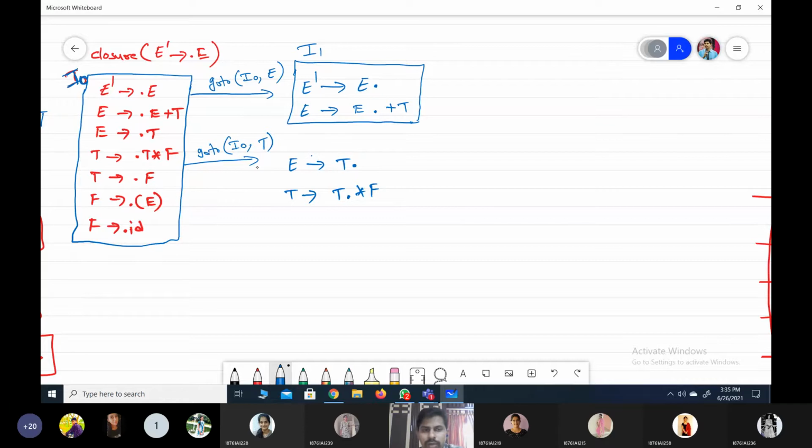If we apply T on this item set, then the dot, previously before the T, is placed after the T. Cross-check it. The dot is moved one position towards the right hand side. This item set is not matched with any one of the states also. Simply I would like to rename it as I2. Is it okay, everyone?